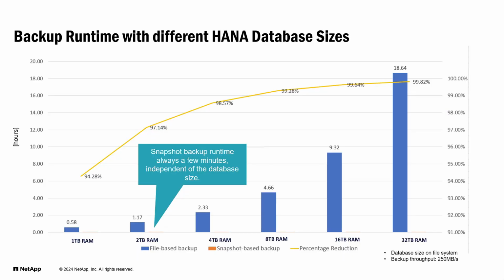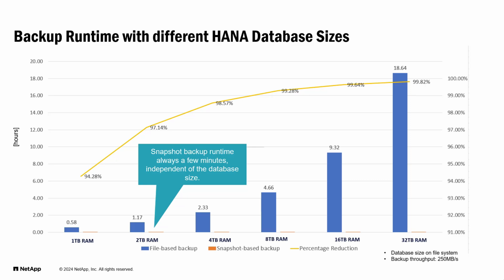Now let's go into more details and discuss the optimization of backup operations by comparing the backup runtime between file-based and snapshot-based backups for different HANA database sizes from 1 terabyte up to 32 terabyte. The blue bar shows the file-based backup, the orange bar the snapshot-based backup.